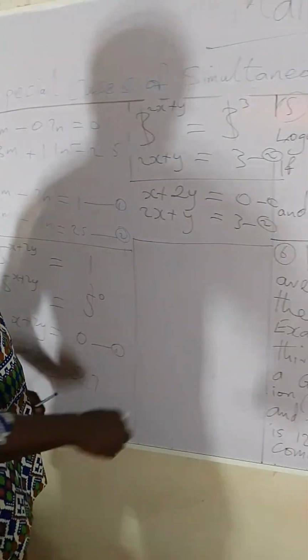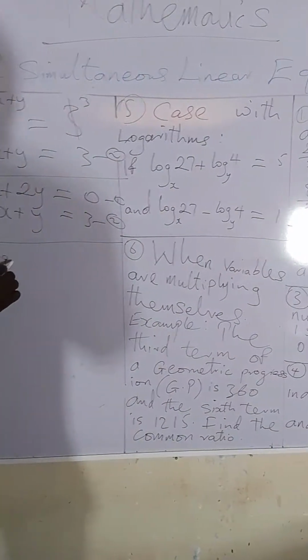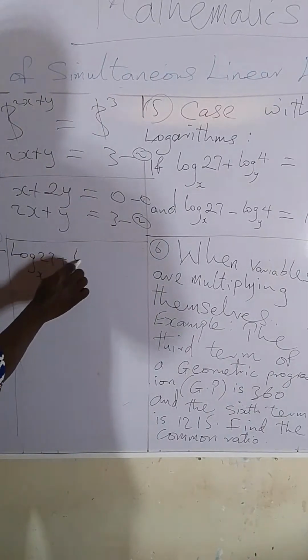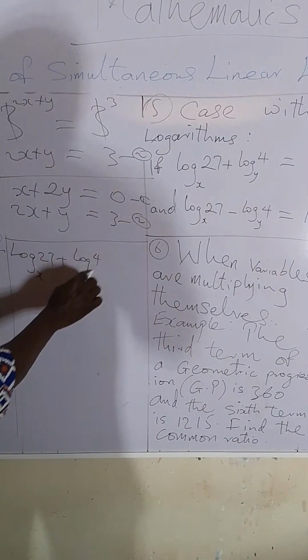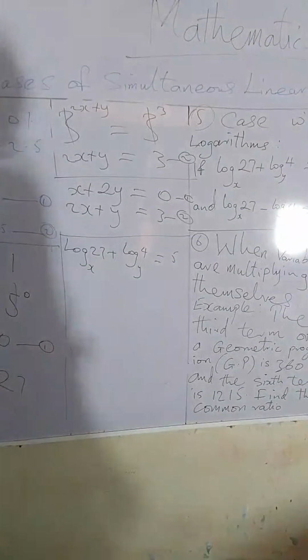That question in case number 5 says that log 27 in base x plus log 4 in base y will give us 5. All right. We're not saying no, we're not saying we don't agree.